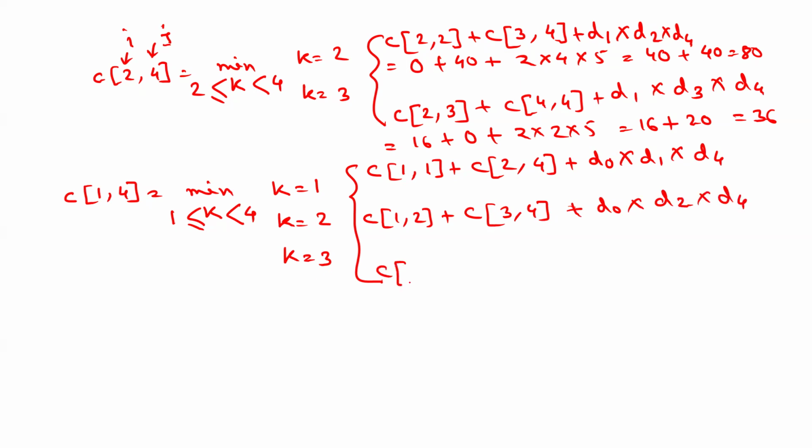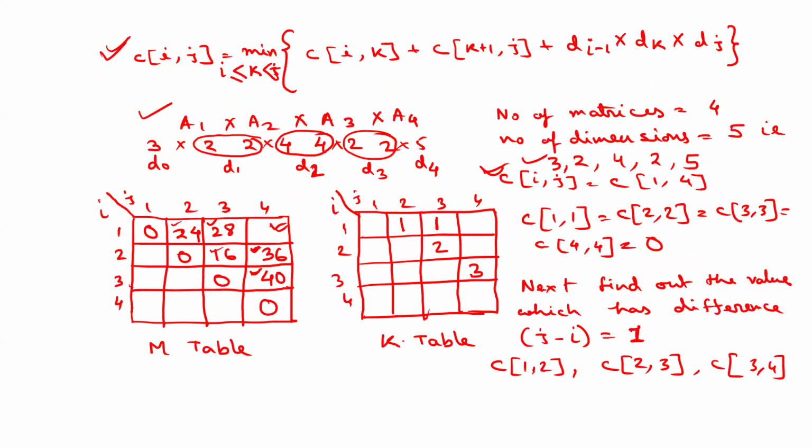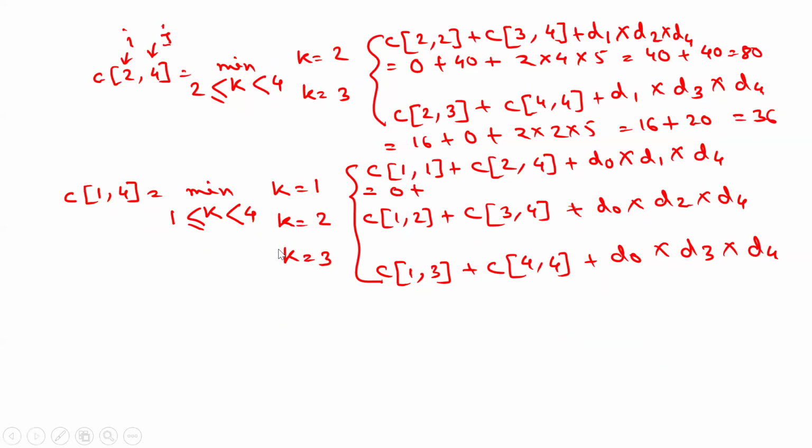And the next one is C13 plus C44, plus d0 into dk, which changes to d3, and the remaining is the same, d4. So here just find the values C11, C24, check that C24 is 36.